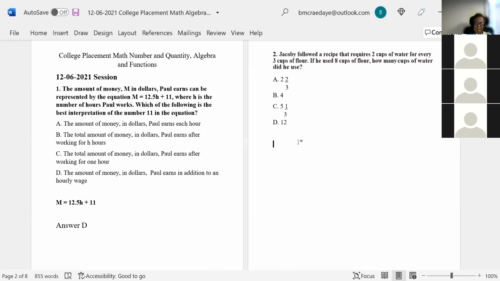What do you call that setup where you have 3 things and you're looking for the 4th thing? Ratio. Ratio what?